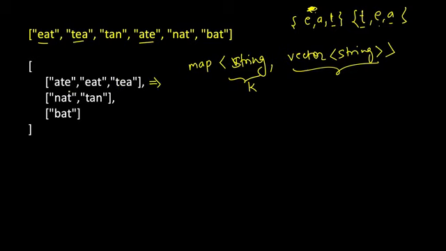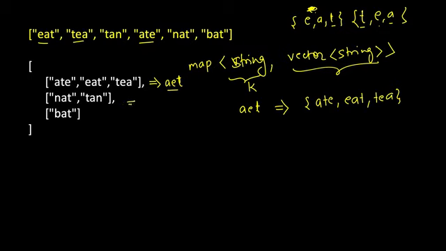If we sort all of them, we will get A, E, T. A is the smallest, then E, then T. So all of these map to the same key. So the key here will be AET and the value will be this vector, which is ATE, EAT and TEA.